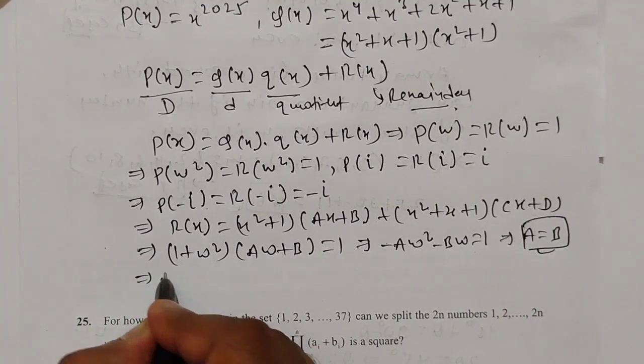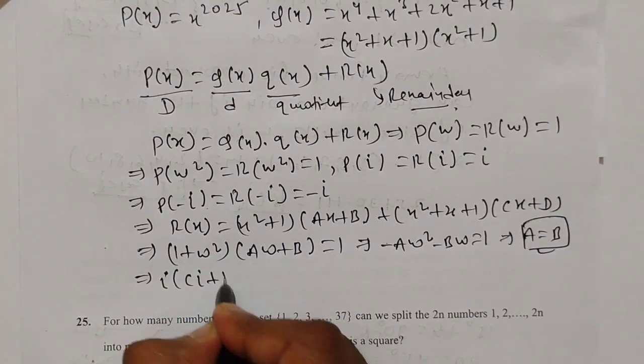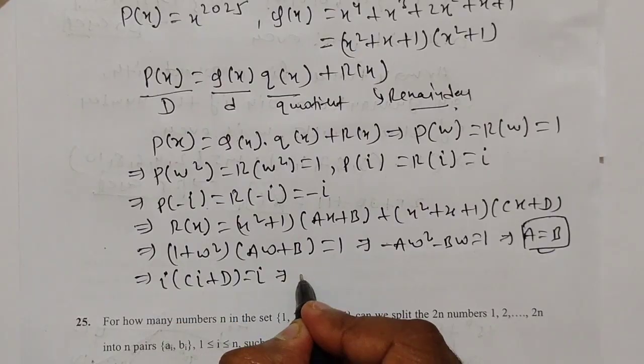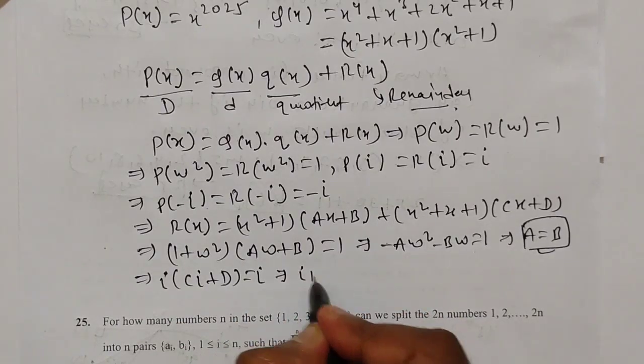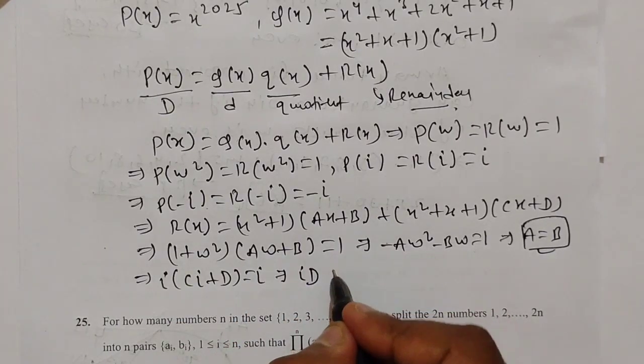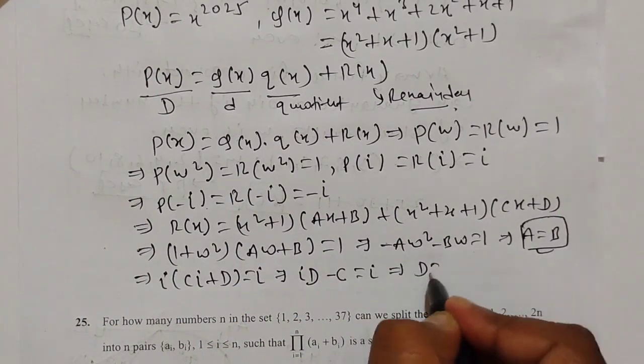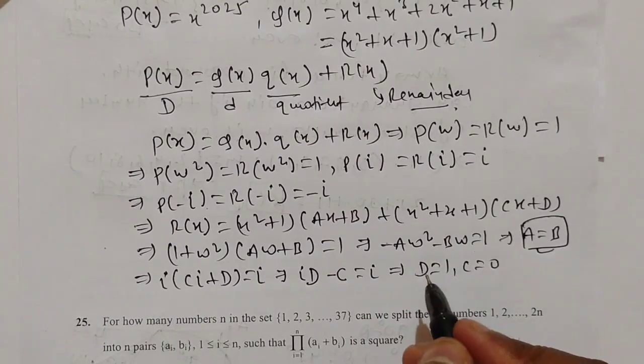Now i into (Ci + D) is equal to i, and this will imply i into (D minus C) is equal to i, so D is equal to 1 and C is equal to 0.